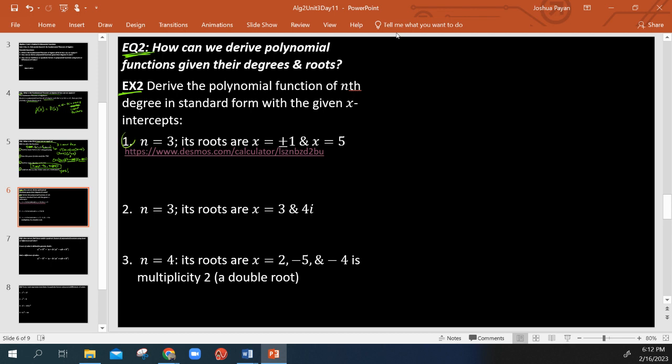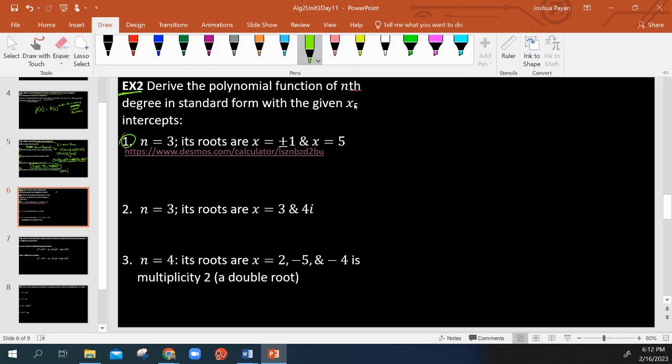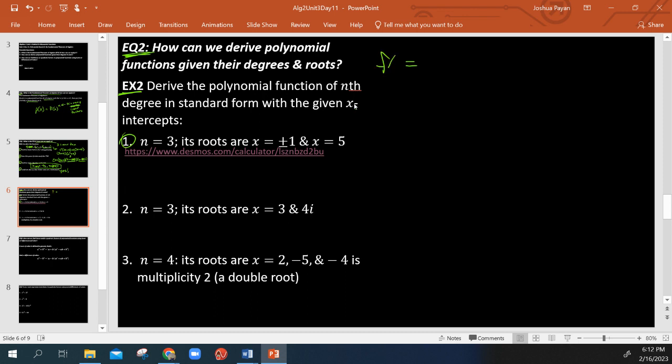So to see what I mean, let's start with number one. So n is 3, so that means there's three solutions, roots, or intercepts, whatever you want to call them, right? So what that means is we've got 0 equals, or actually, we wouldn't have to say 0 because we're not solving for anything. We'll just call this one f of x.